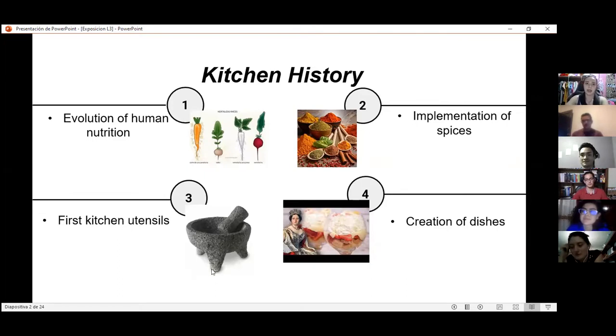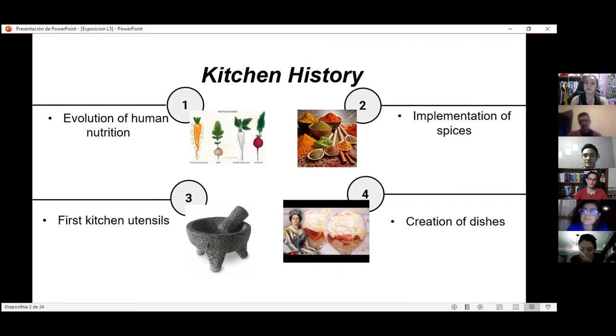Okay, I will tell you a little about the kitchen utensils. In the medieval age, cooking was done over an open fire, and the utensils were made of clay, iron, and bronze. Used to be pans, pots, and cauldrons.